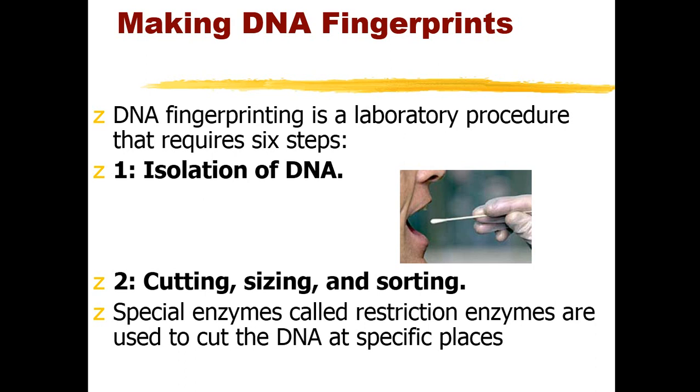So how do we make DNA fingerprints? DNA fingerprinting is a lab procedure that requires 6 steps. One is extraction of DNA from the sample, then cutting, sizing and sorting of the DNA. Special enzymes called restriction enzymes are used for cutting the DNA molecule at specific sites.